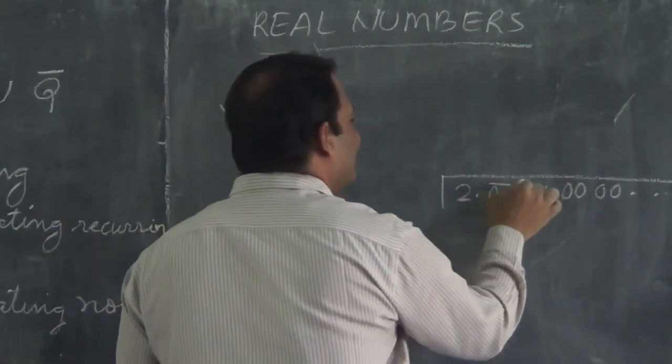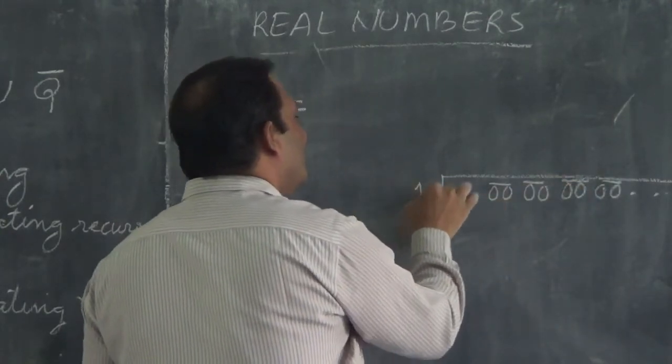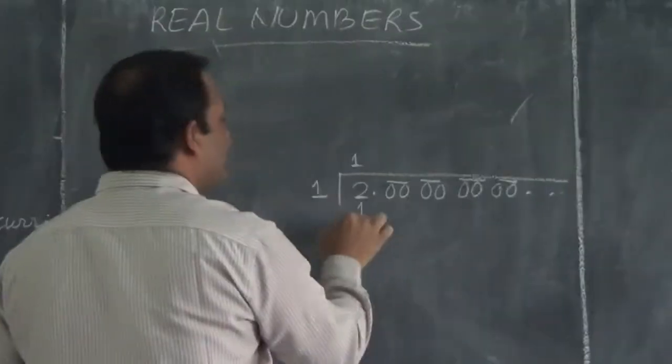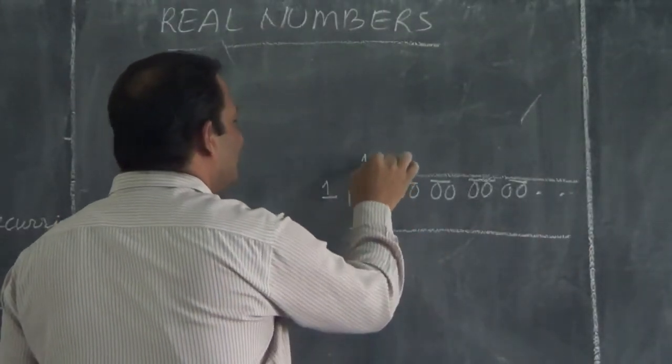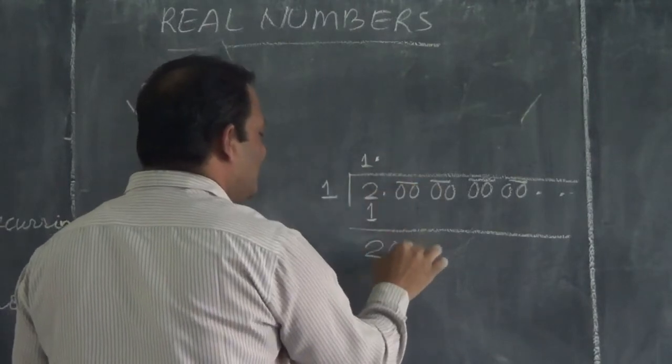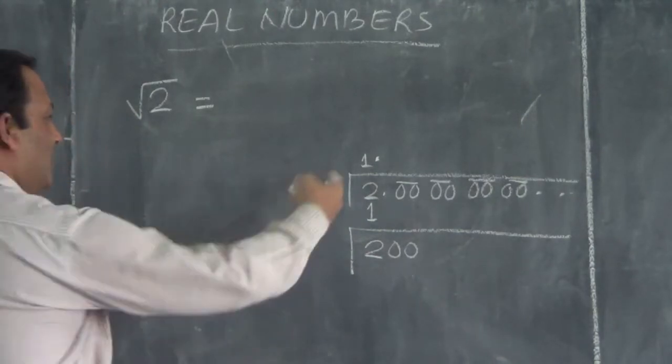We are finding the square root of 2. 1 1 are 1. Then here 2. Put the decimal point here. Bring down 0 0 here. Now 1 into 2 is 2.